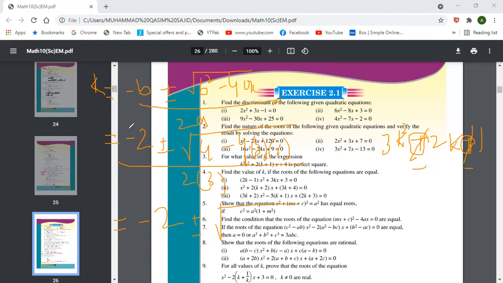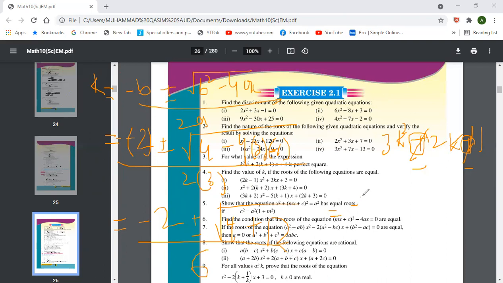So for the first equation, this is minus 2, then minus 4 into the value of a, which is 3, and the value of c, which is minus 1. So this must be 4 plus 12, whole divided by 6.